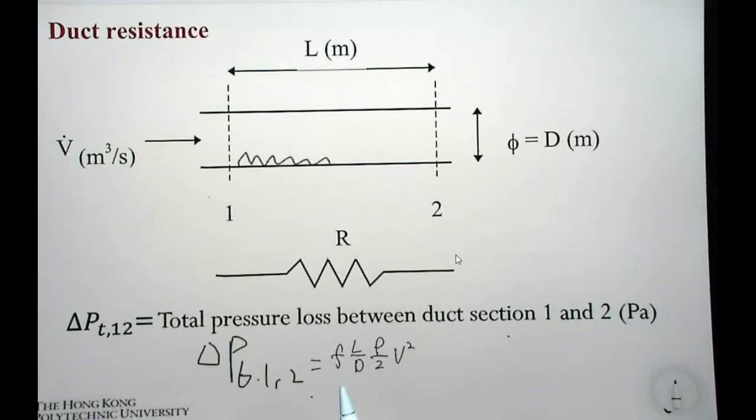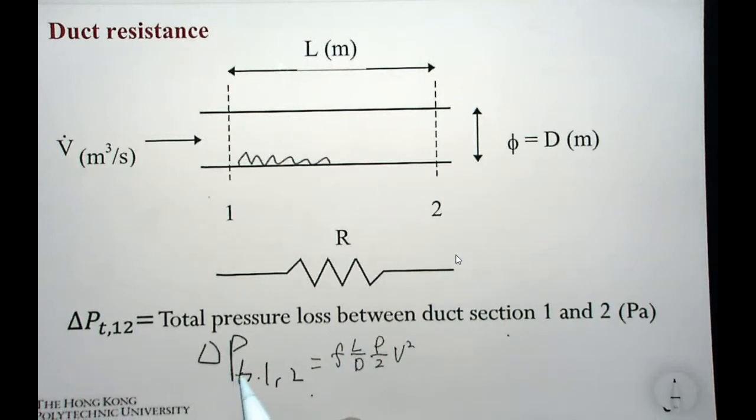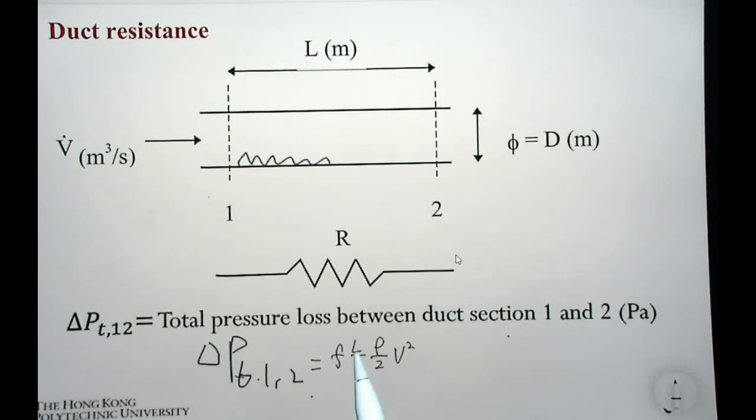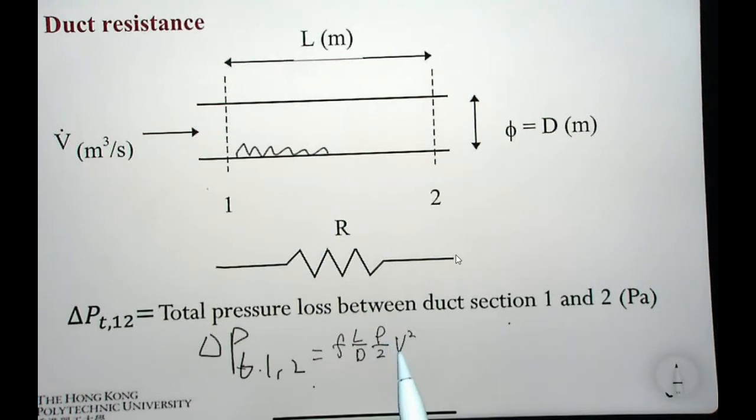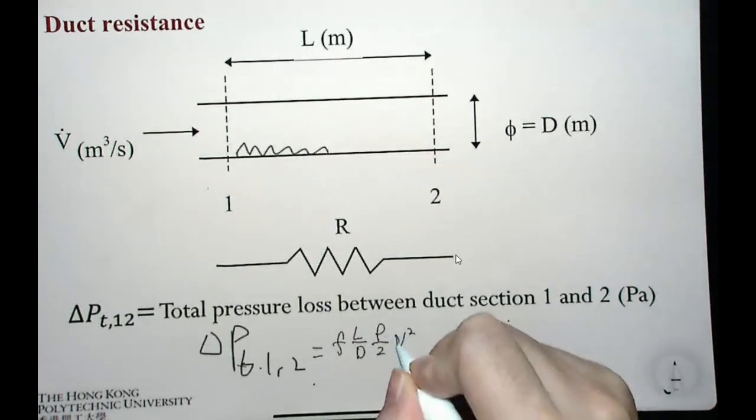So in this function we have a friction factor, positively related to the length of the duct section, and inversely related to the duct diameter. Density is a property value, a fixed value for a certain fluid, and this is velocity.